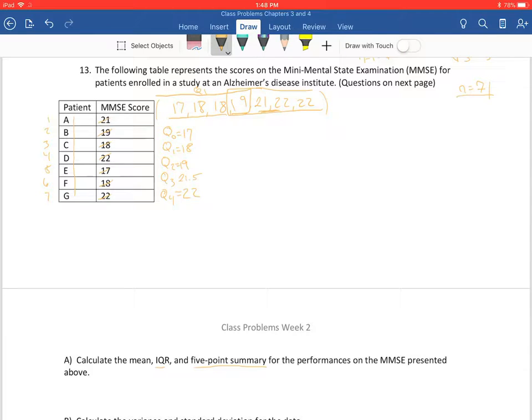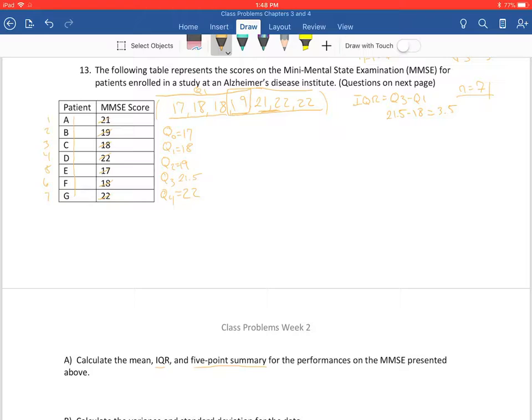So that's our 5-point summary. To find our IQR, IQR equals Q3 minus Q1, Q3 being 21.5 and Q1 being 18. We find that our IQR is equal to 3.5. And then we just have to get the mean.